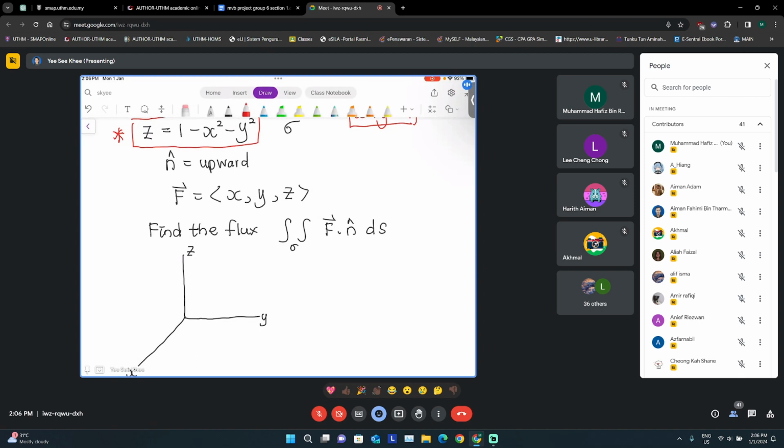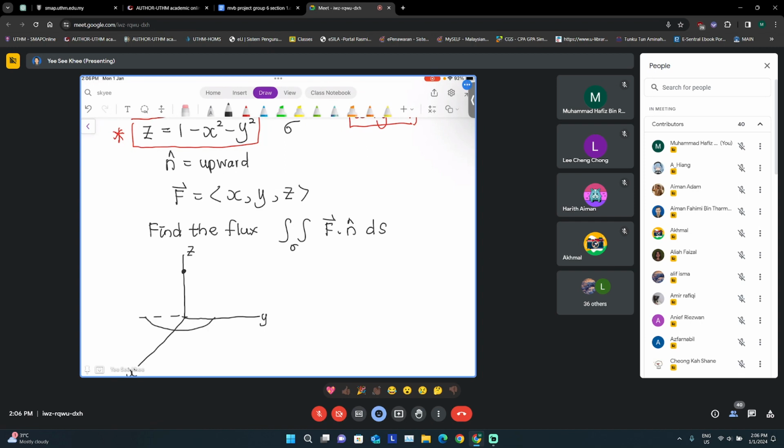You can try to sketch this shape out by assuming, for example, when z is 1, it cancels out, so you get a point here. When you reduce the value of z, for example when z is 0, you will get a circle somewhere here.